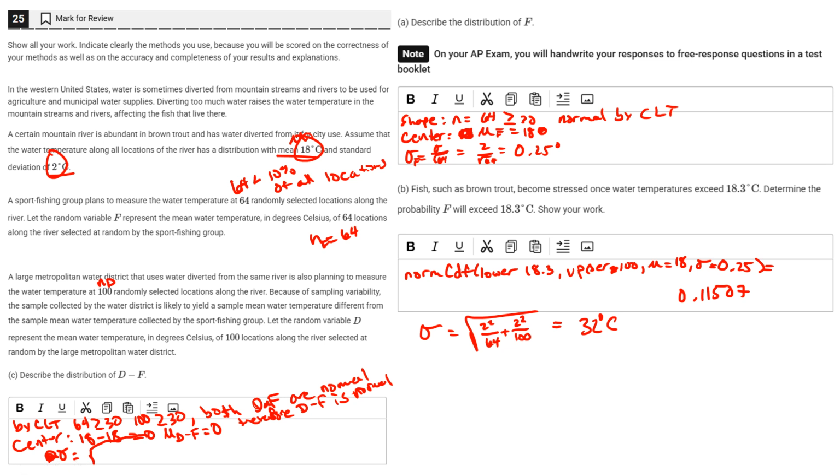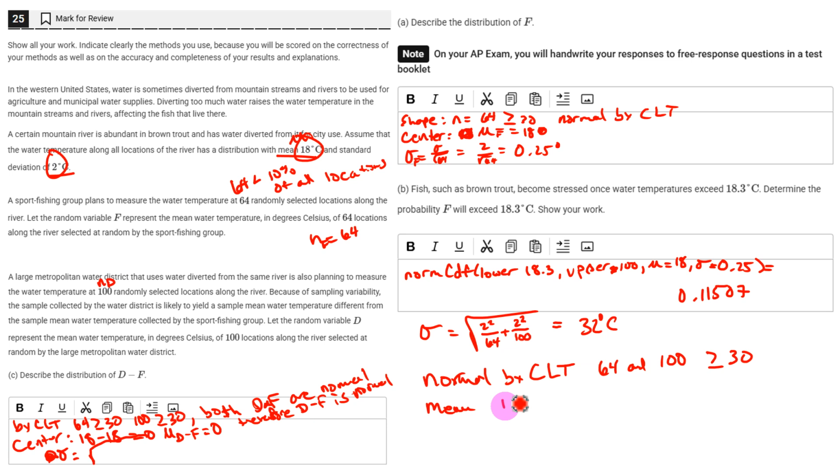And they didn't ask you to compute anything else, they just asked you that. So we get it again: normal by the CLT, since 64 and 100 are greater than or equal to 30.